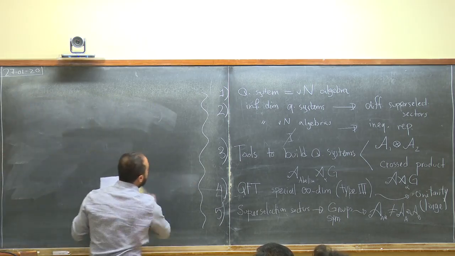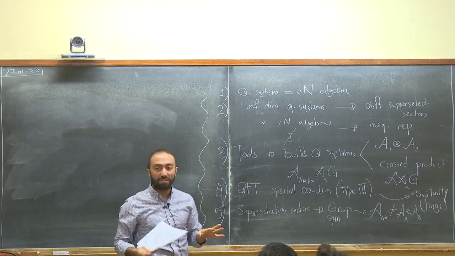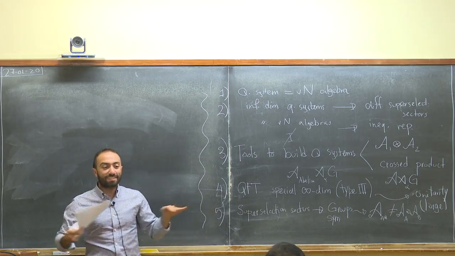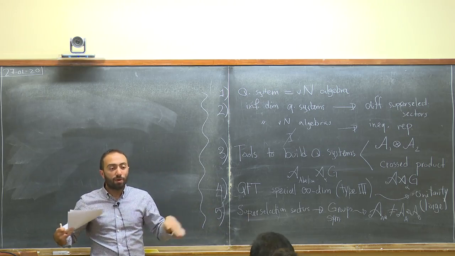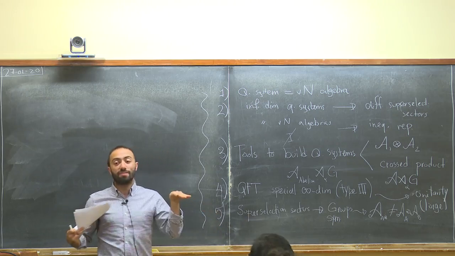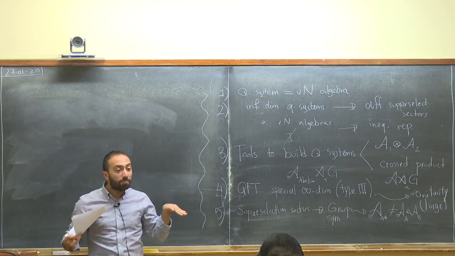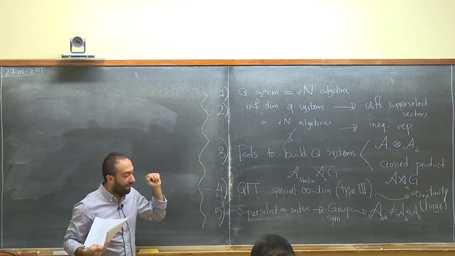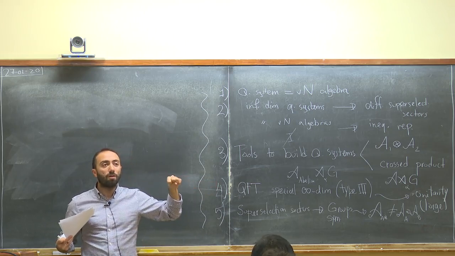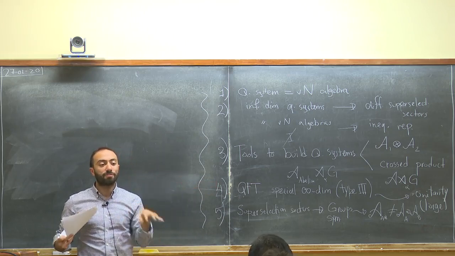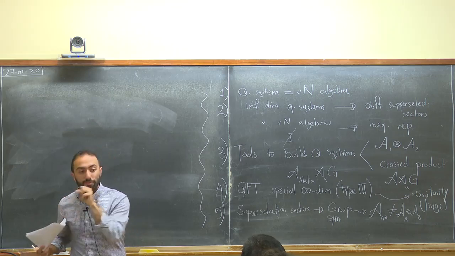So in this language, unfortunately, there's really poor terminology. There's some sort of mismatch of terminology between mathematicians and physicists. What a mathematician calls a gauge group is not what a physicist calls a gauge group. So the terminology goes this way. What a mathematician calls a local gauge group is what a physicist calls a global symmetry.